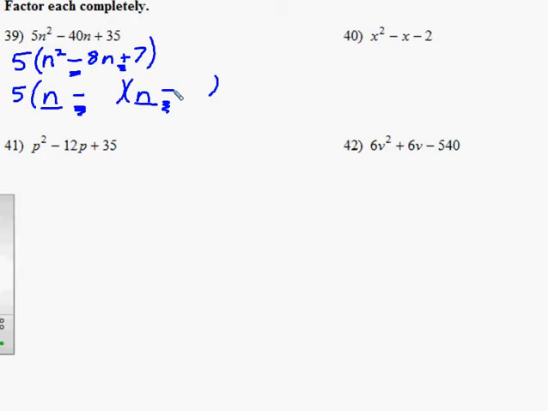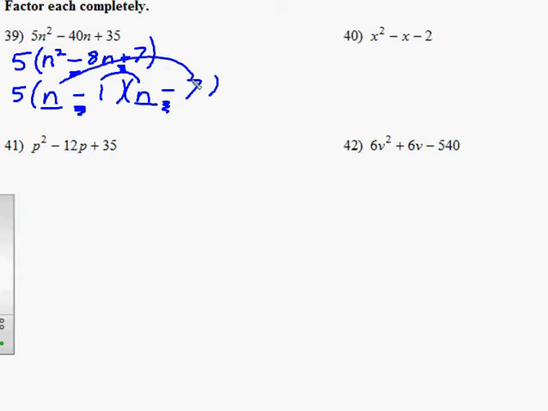Now we want to figure out what numbers go here. This one turns out to be nice and simple because the only factors of 7 are 1 and 7. And so we know we have to have a 1 and a 7. We can go ahead and check. Also, with this, we need to get this negative 8. And so the way that we get the negative 8 is multiplying these 2 and then adding when we multiply these 2.